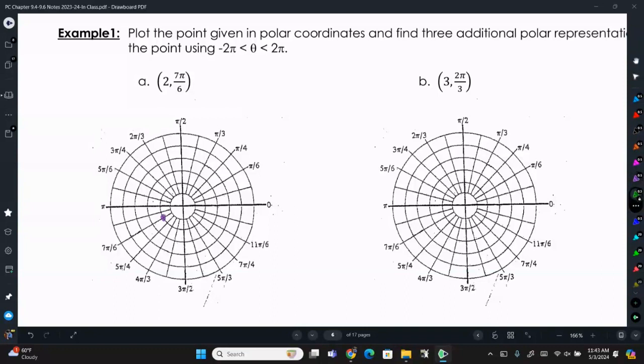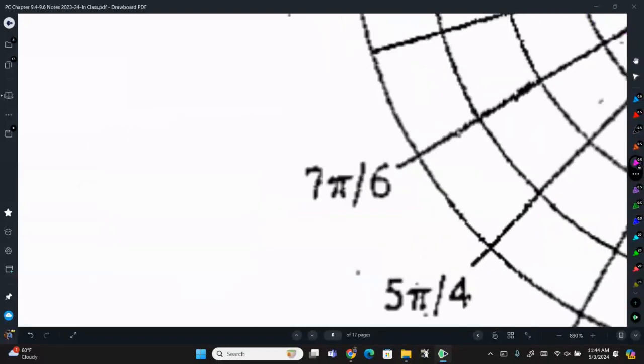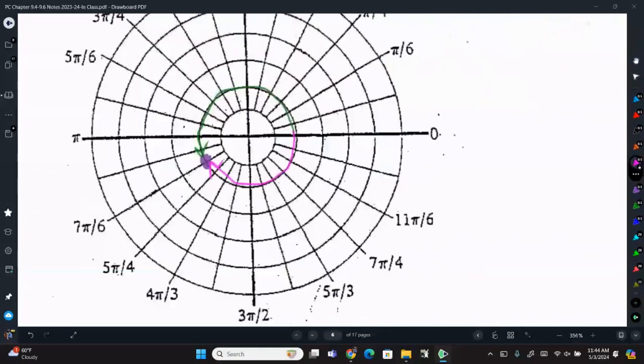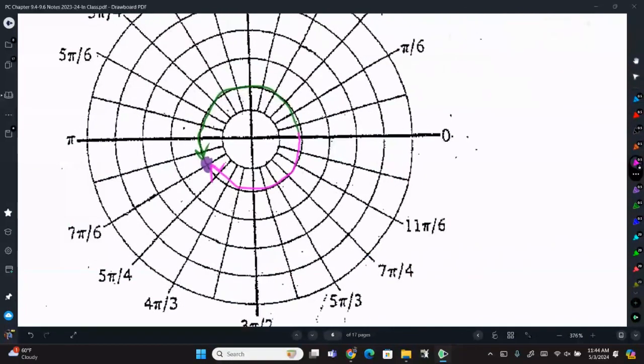So instead of going positive, we started from the polar axis and we went this way, 7 pi over 6. We could go in the other direction. We could have a negative angle. Well, if we have a negative angle, it's not going to be negative 7 pi over 6.